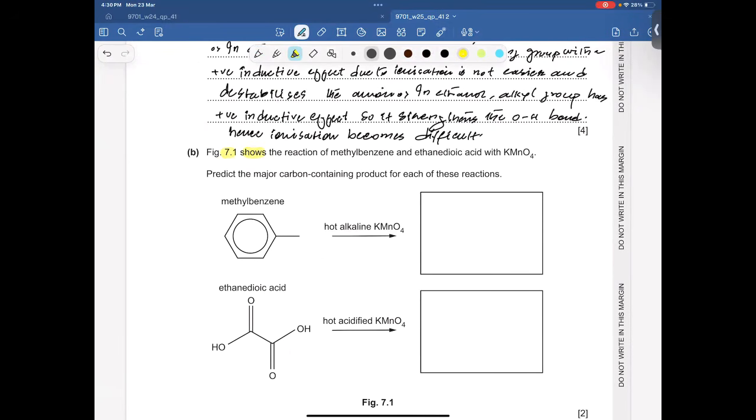Figure 7 shows the reaction of methyl benzene and ethane dioic acid with KMnO4. Give the major carbon containing products for each of these reactions. Since KMnO4 is an oxidizing agent, it oxidizes methyl into carboxylic acid, and since we have an alkaline medium, that carboxylic acid will turn to a salt. So I'm going to write salt straight away.